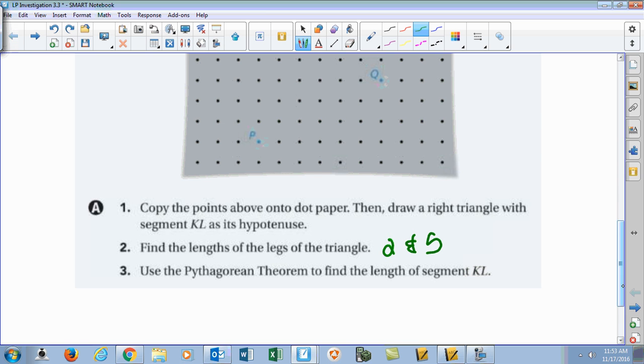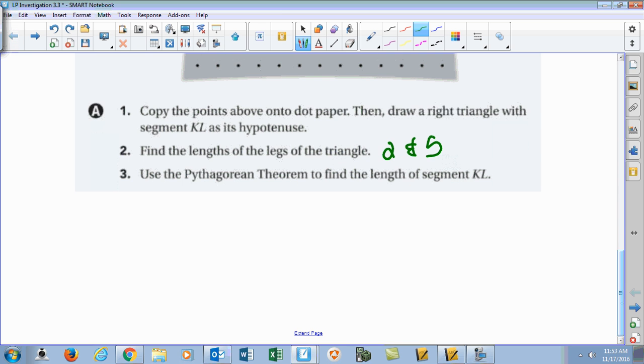So down here, we're going to use the Pythagorean Theorem to find C. 2 squared plus 5 squared equals C squared. 2 squared is not 16. 2 squared is 4. 5 squared is 25. And C squared.